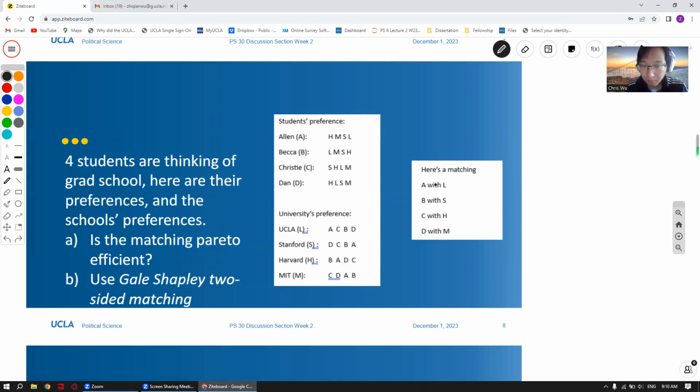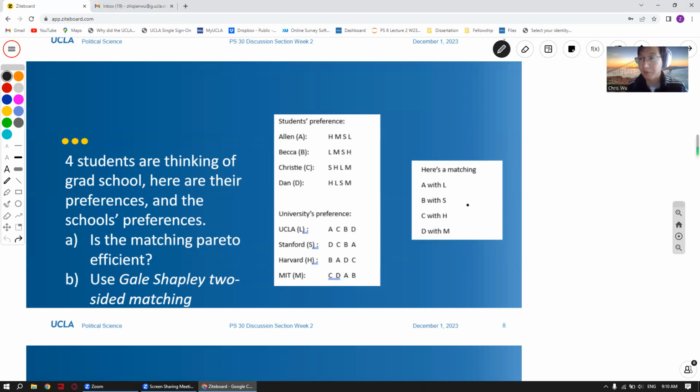Now, I think Pareto efficient in our setting here is just asking about whether it is Pareto efficient for the students. We're not really looking into Pareto efficiency for the universities because they're on the receiving end of the proposal. So we're asking the question, will the proposal from the students, where A applies to L, B applies to S, C applies to H, would that be good matching?